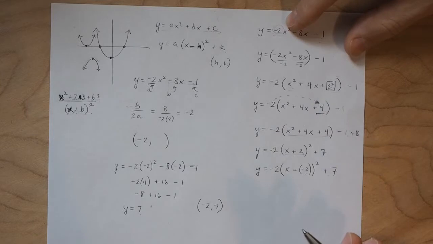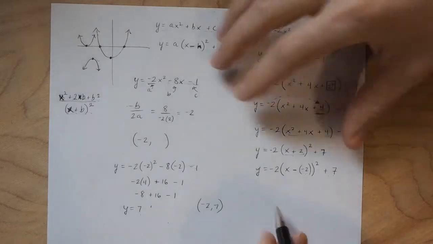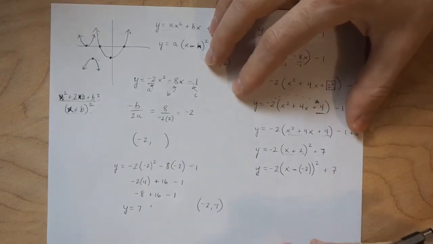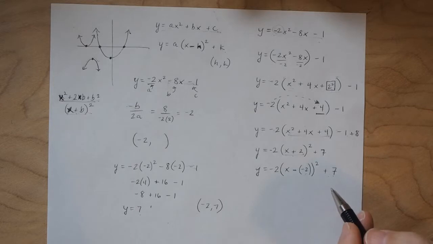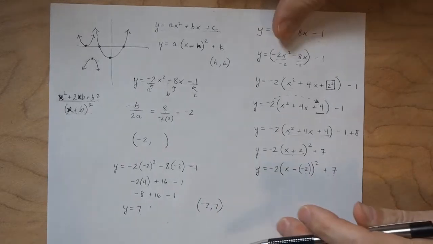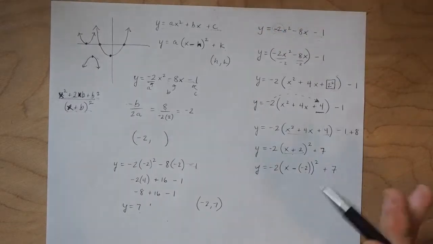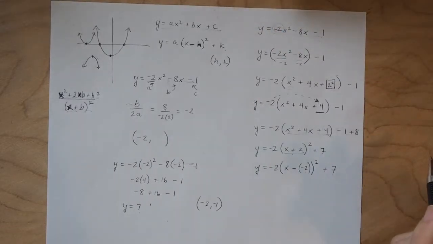You know, you can graph this. It's a frowny face, and the vertex is -2, 7. You could plot some extra points, or see if this factors in order to find out where it crosses the x-axis.